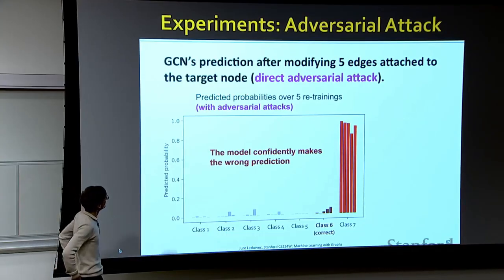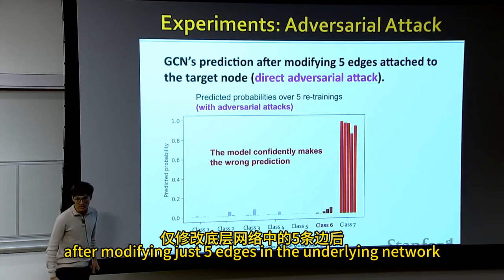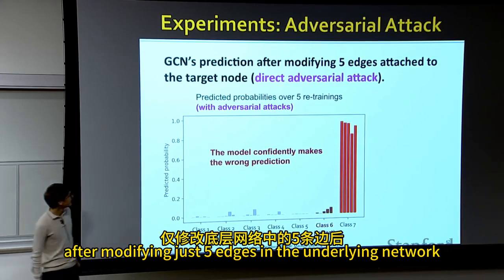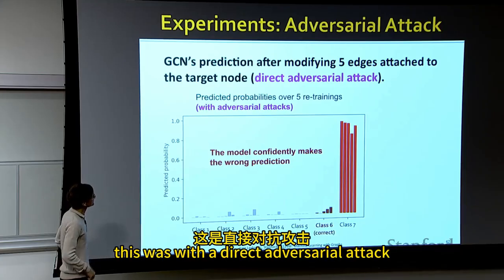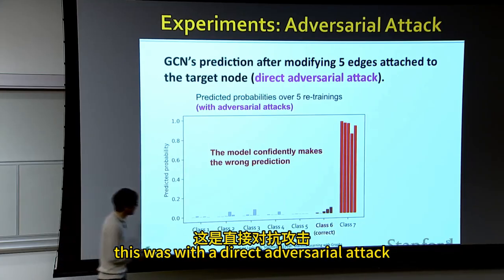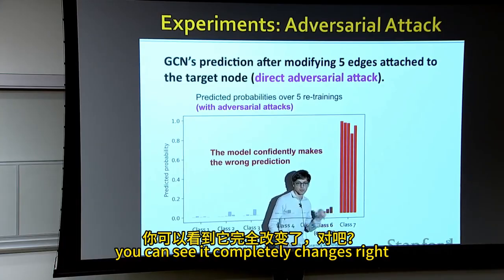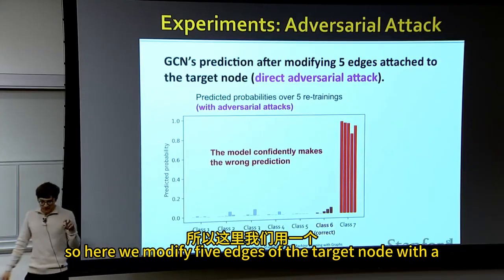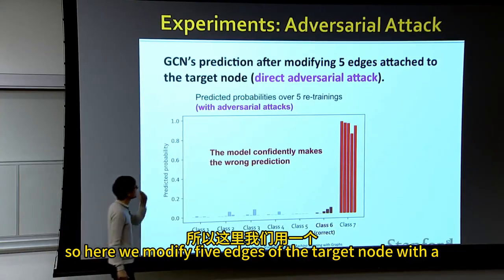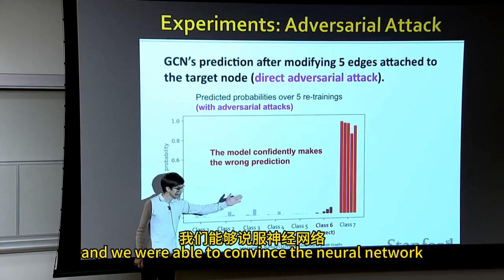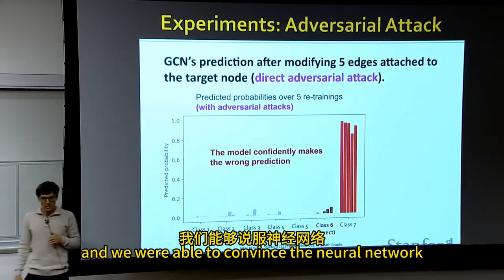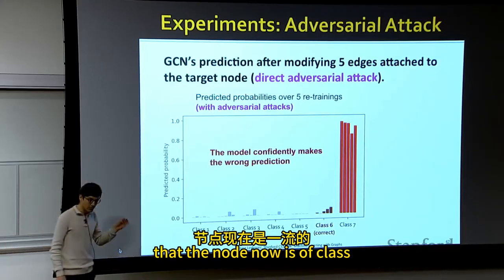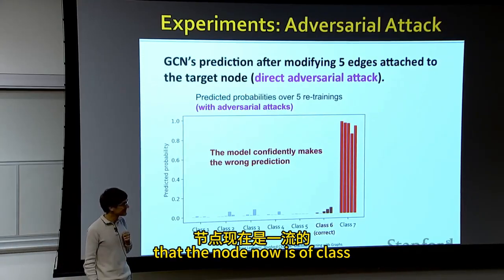So here, after modifying just 5 edges in the underlying network, this was with a direct adversarial attack, you can see it completely changes. Right? So here we modify 5 edges of the target node with a targeted attack, and we were able to convince the neural network that the node now is of class 7.